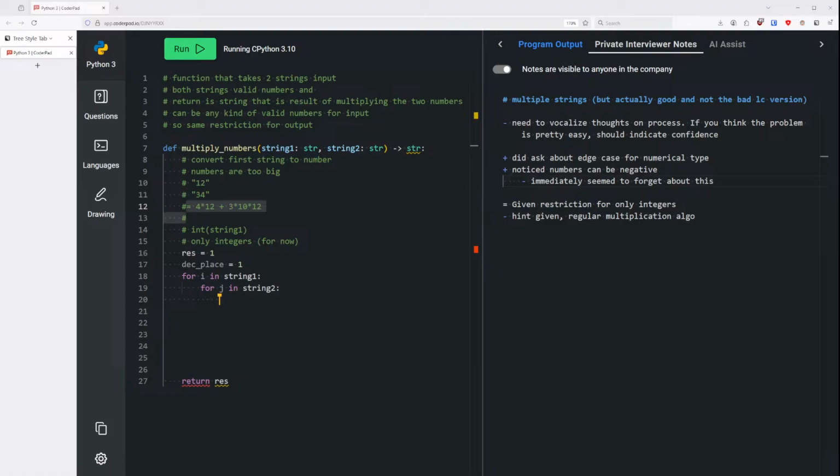So first, we do j or res 0. And then you want to plus equals j, which would be our 4 here, times, we kind of just want the integer for string 1.